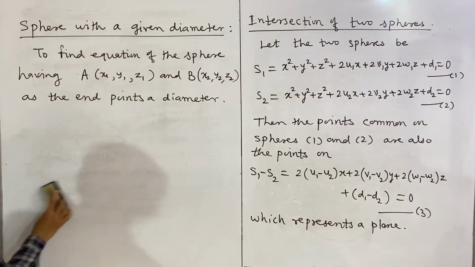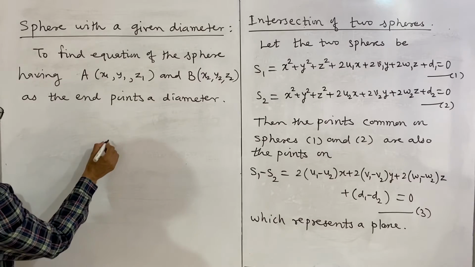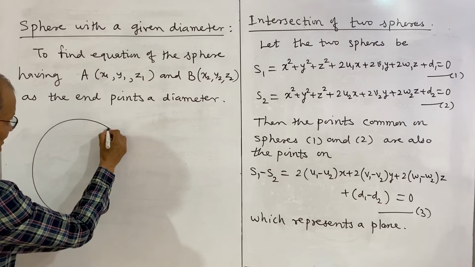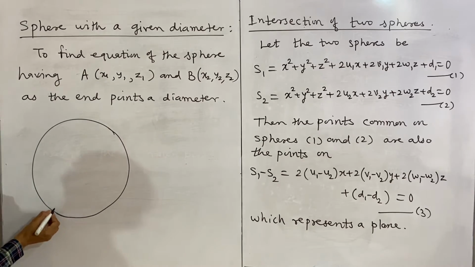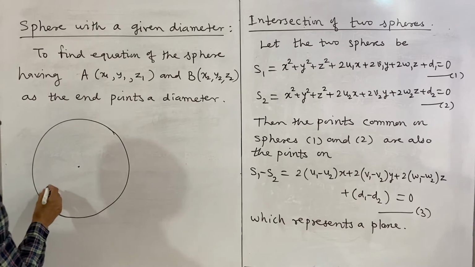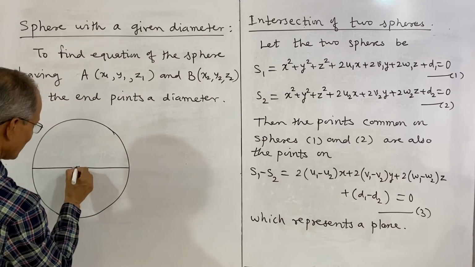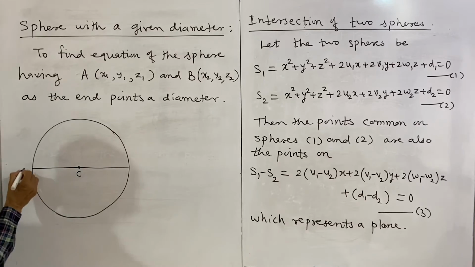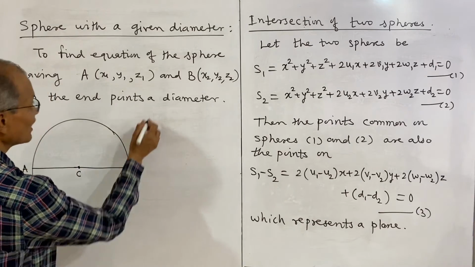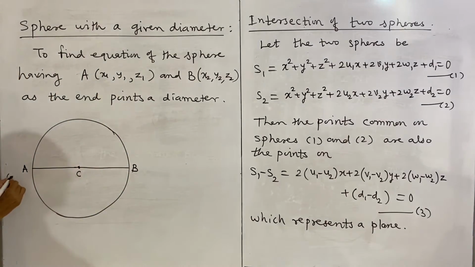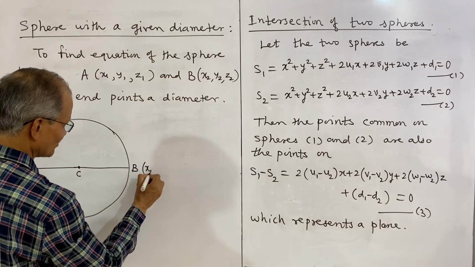Now we can draw a figure for this. Suppose this is a sphere and this will be the center of the sphere. Any diameter can be considered, but we can suppose this is the center and AB is a diameter. The coordinates of A are given as x1, y1, z1, and coordinates of B are x2, y2, z2.